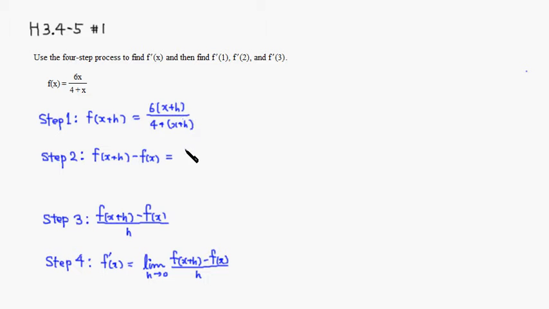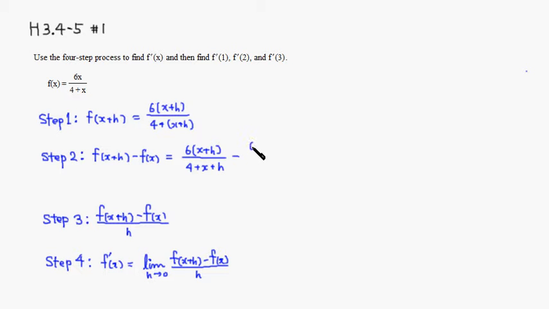So we have f of x plus h from step 1. You have 6 times x plus h over, this parentheses really does not do anything, so I'm just going to write 4 plus x plus h. Then we have to subtract f of x, which is the original function.